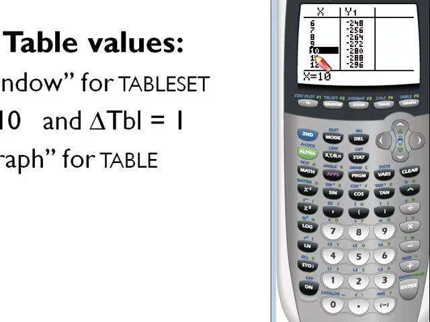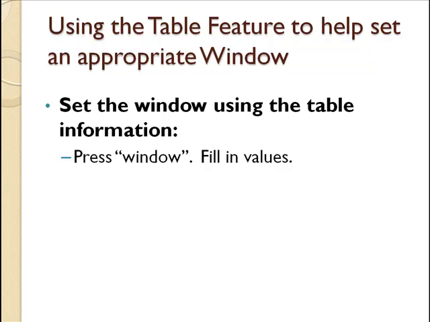So let's leave ourselves a little room, and we'll say the y minimum is at negative 300, and our y maximum, I'm going to scroll back to negative 10, we'll use negative 100 for our y maximum. So we go back to our window, and I want to set the window using the table information.